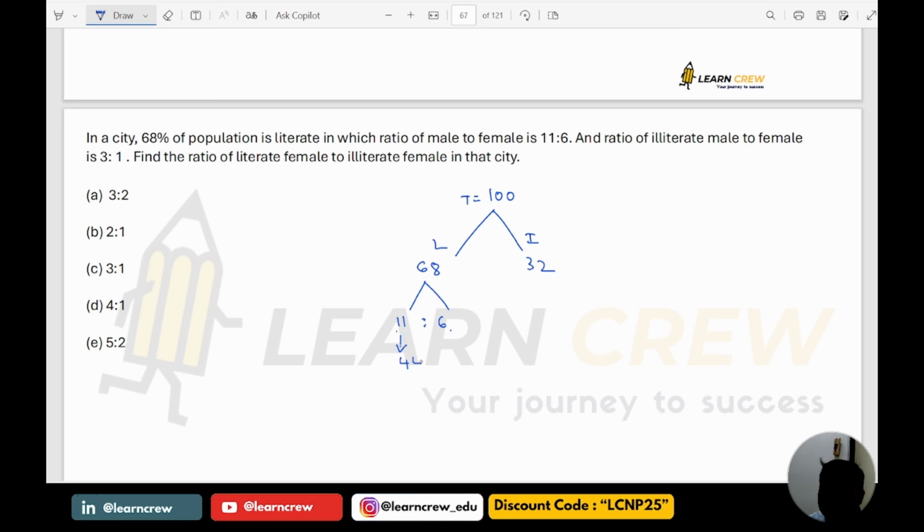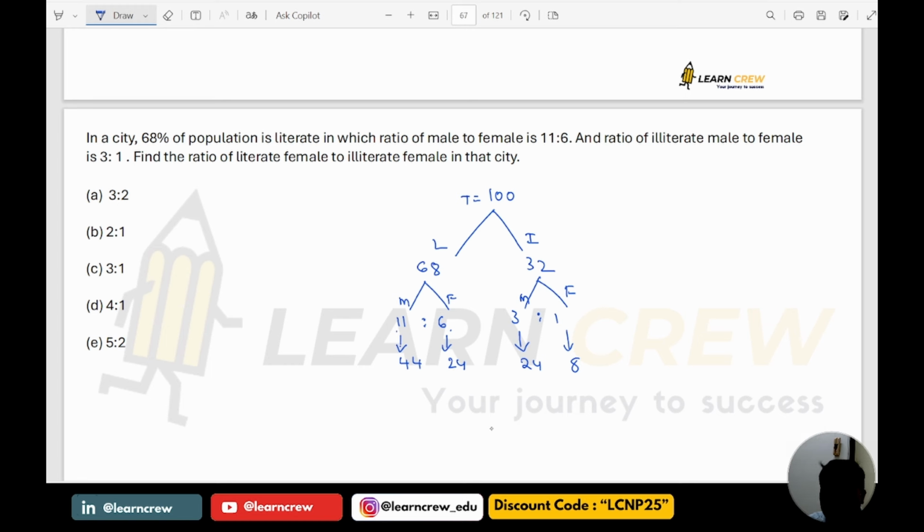So it is 44, it is 24. And illiterates male to female 3:1. So 4 parts is 32, each part 8, 3 parts 24, 1 part 8. So now find the ratio of literate female.